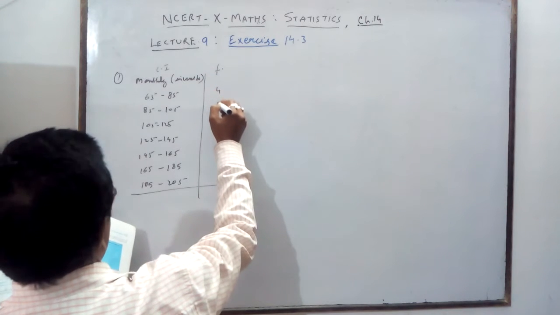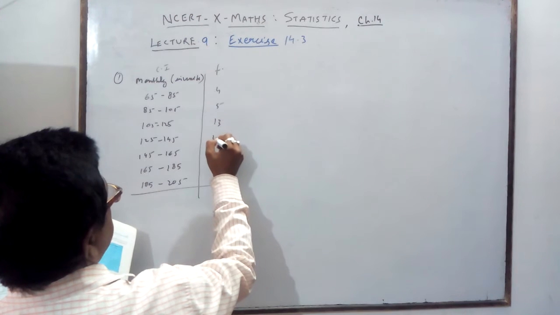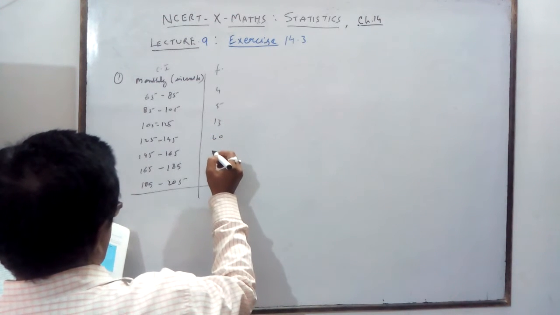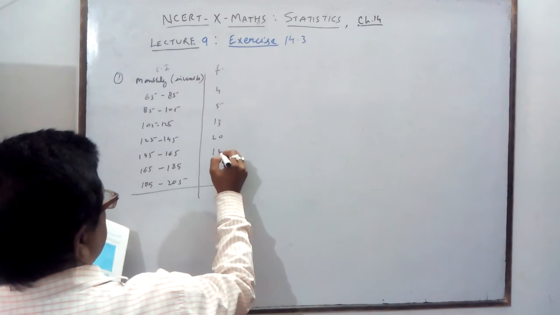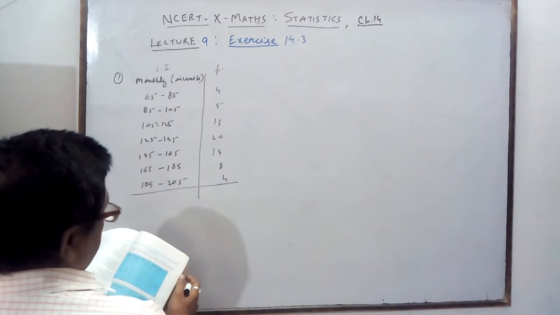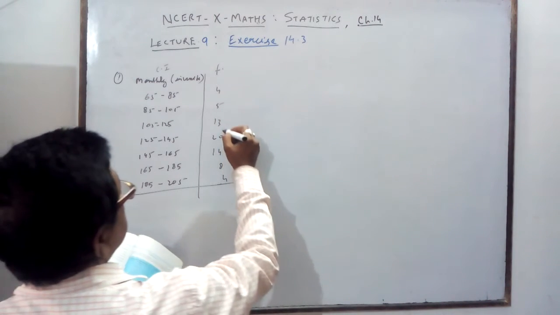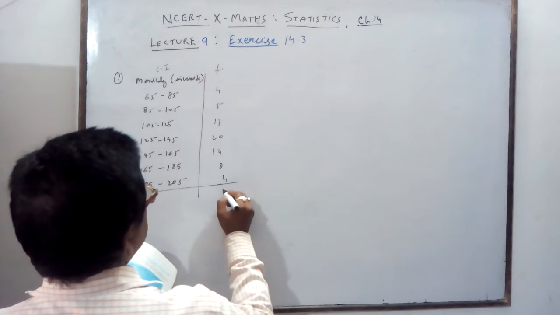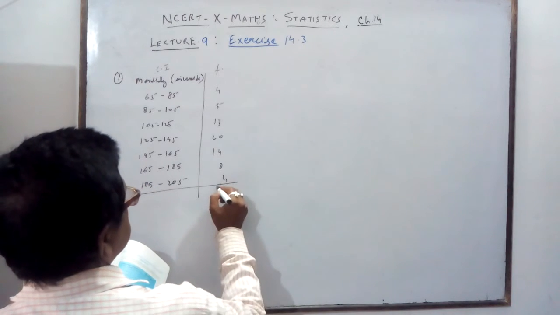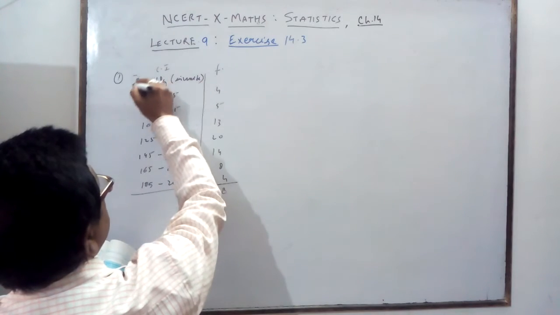The frequencies given are 4, 5, 13, 20, 14, 8, 4. So the total is 68 consumers, which is sigma Fi.